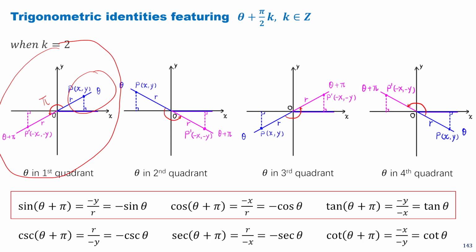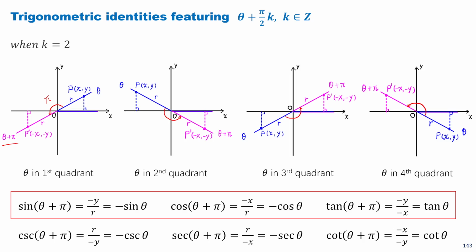Again, if you choose a point P on the terminal arm of theta, whose coordinates are x and y, then if you turn theta for another pi, then P will become P prime, whose coordinates are negative x and negative y, right? Can you see that? Because they are symmetrical in the origin point.